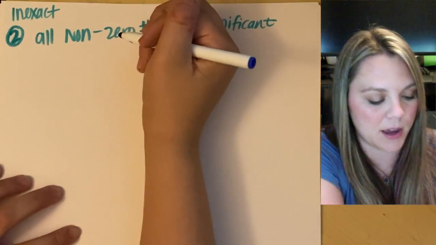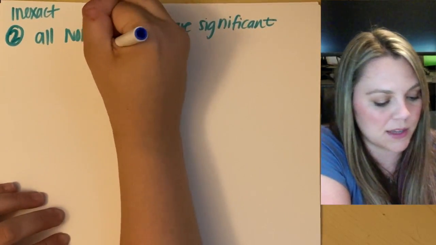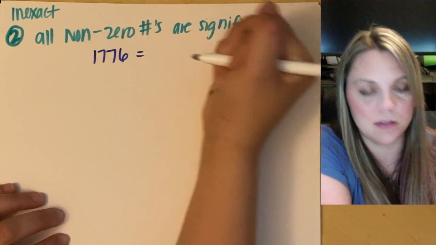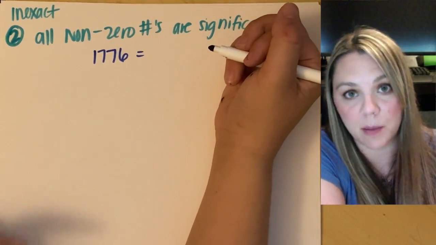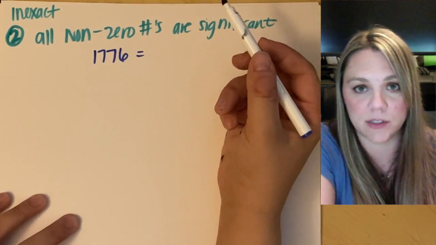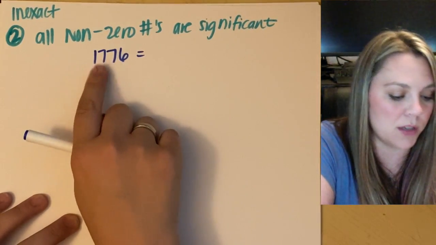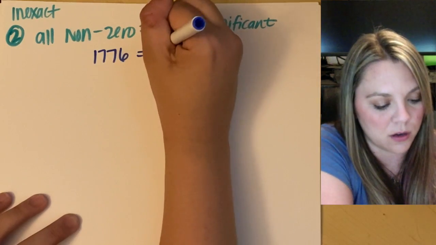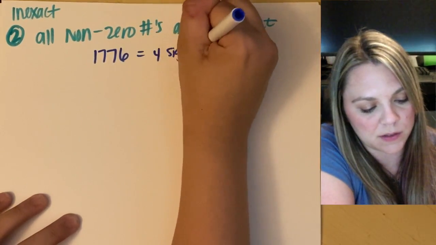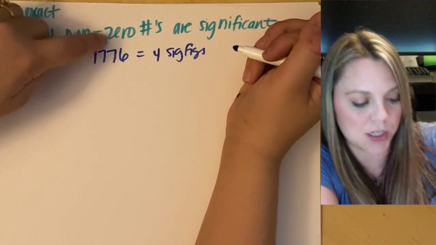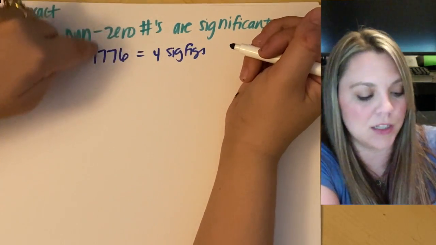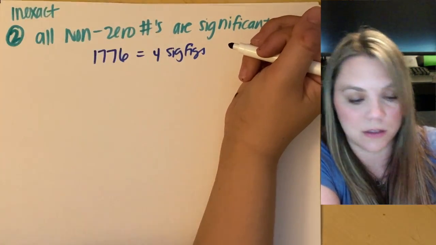So if I had 1776, and I was trying to count how many significant figures I have, they're all non-zero numbers, so I have 1, 2, 3, 4 sig figs. Each digit is significant.